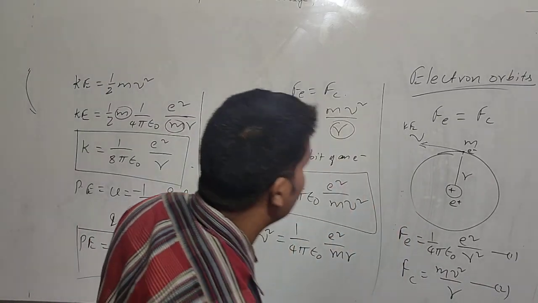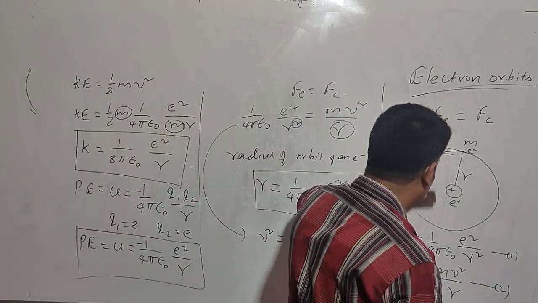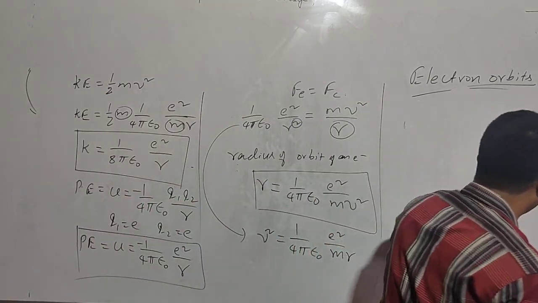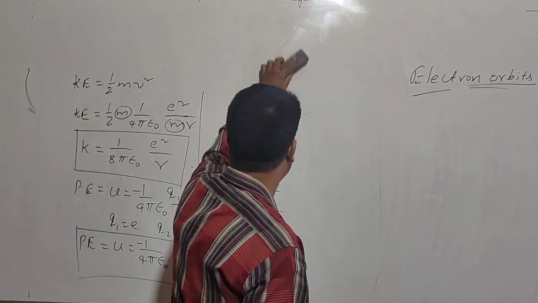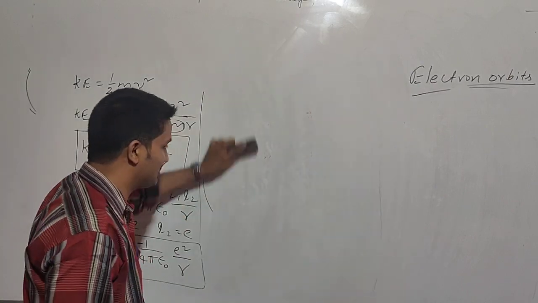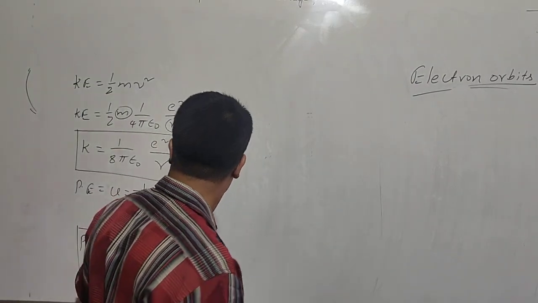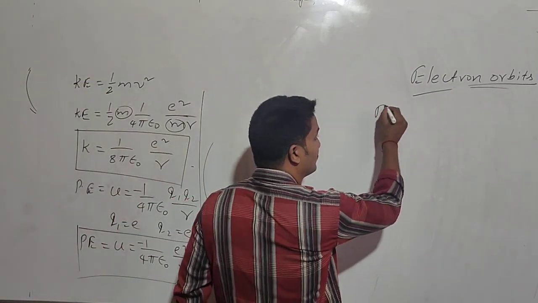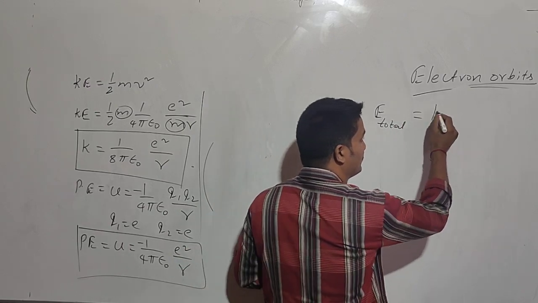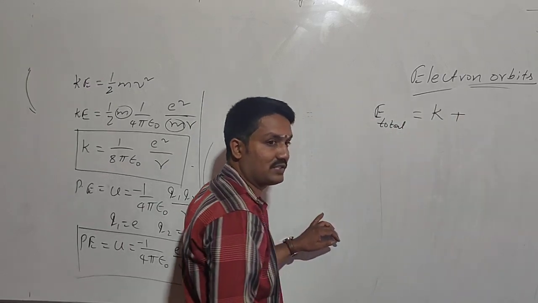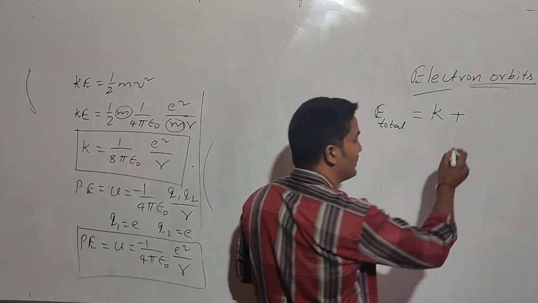Now we have to determine the total energy of an electron revolving around the nucleus. Therefore, the total energy E is equal to the sum of kinetic energy and potential energy.